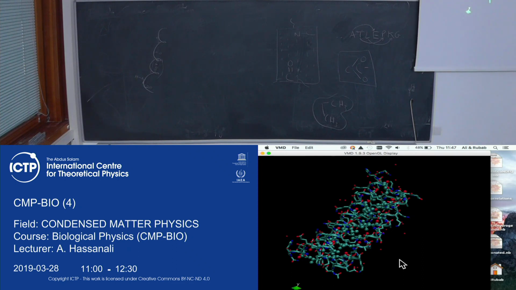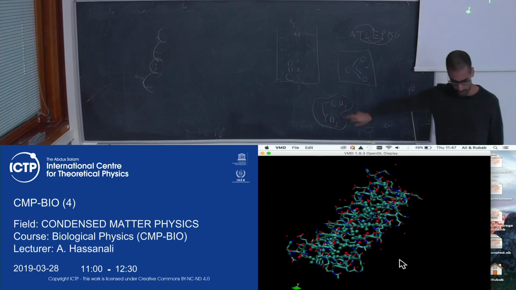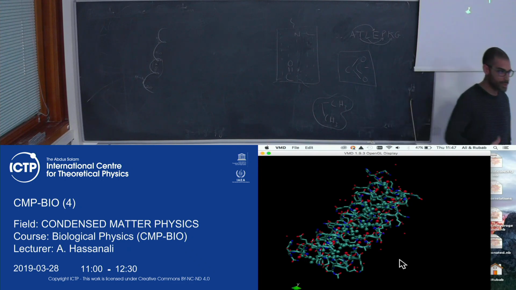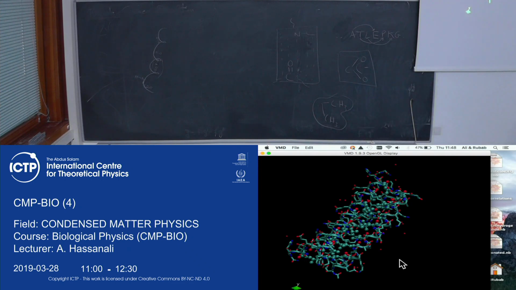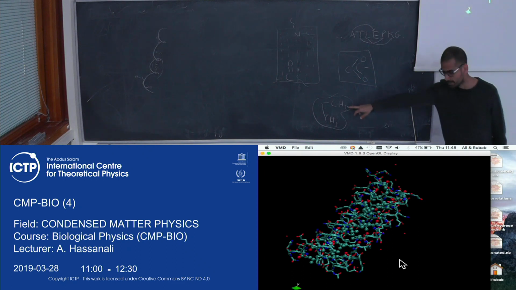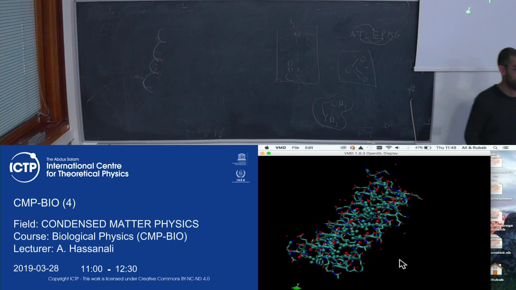I've got oily things like this. If I bring lots of oily things together, what? Do you see any electrostatics here? Van der Waals packing. That's what stabilizes all these oily things together in the process.